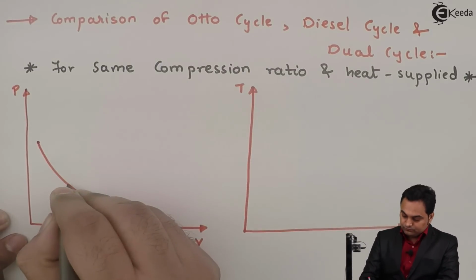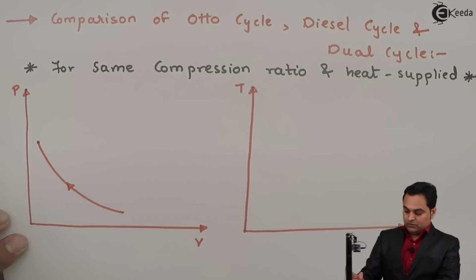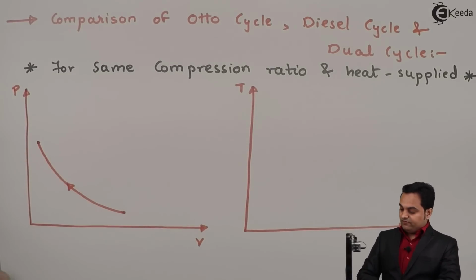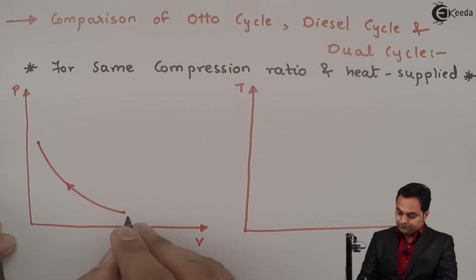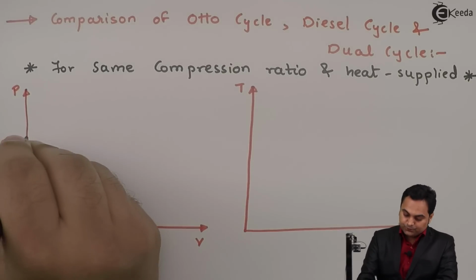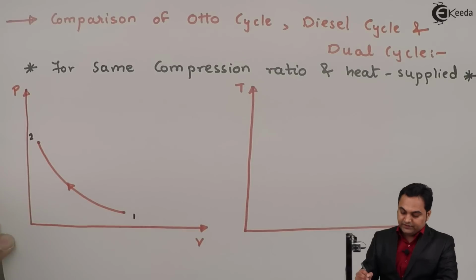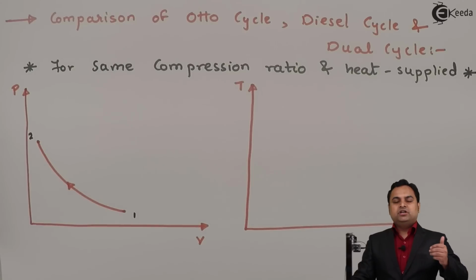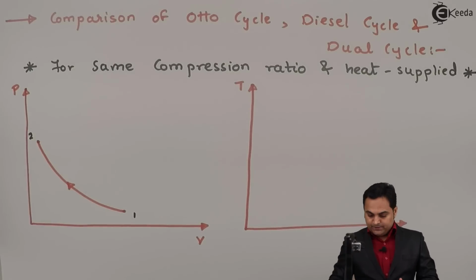Now this is the first process from 1 to 2, called isentropic compression, or also called reversible adiabatic compression.